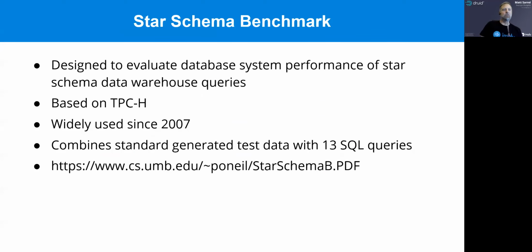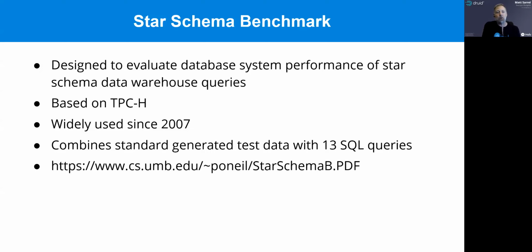Okay, so what we did earlier, half of Imply at least helped me at some point, was run the Star Schema Benchmark. I have a link here to the Star Schema Benchmark if you'd like to download it yourself.